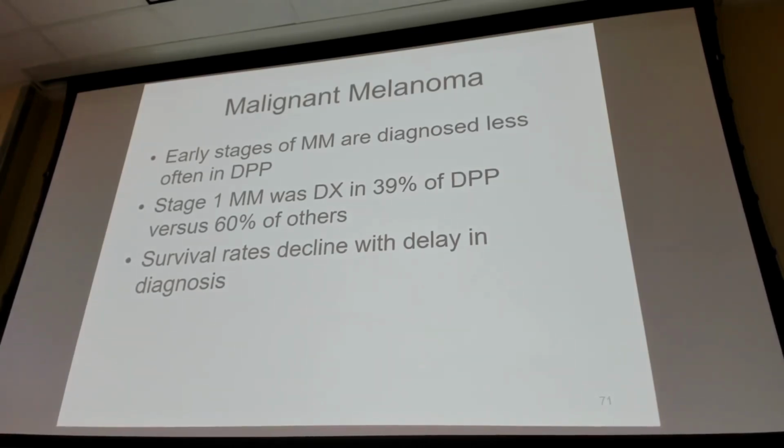Stage 1, 39% are seen in the dark skin versus 60% of the other ones that are easily seen. Survival rates decline with delay in diagnosis. Okay, so survival rates, yeah, you're gonna go bye-bye.